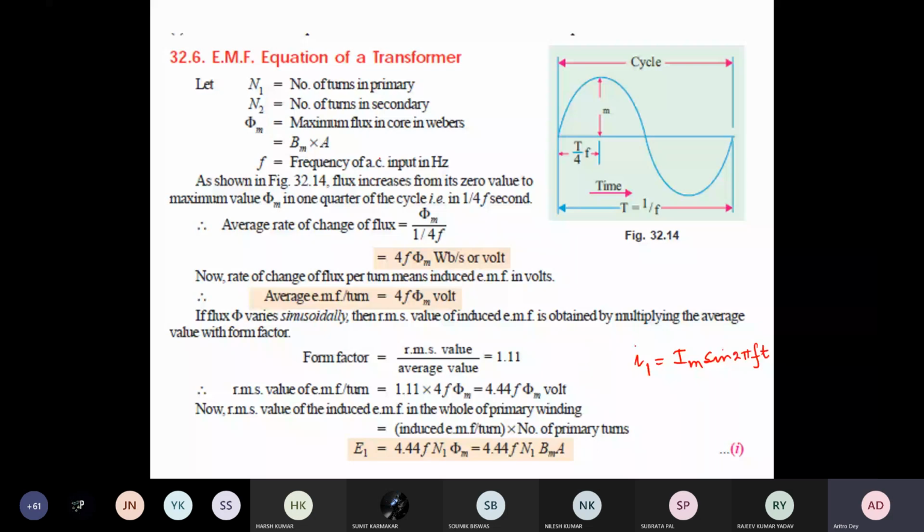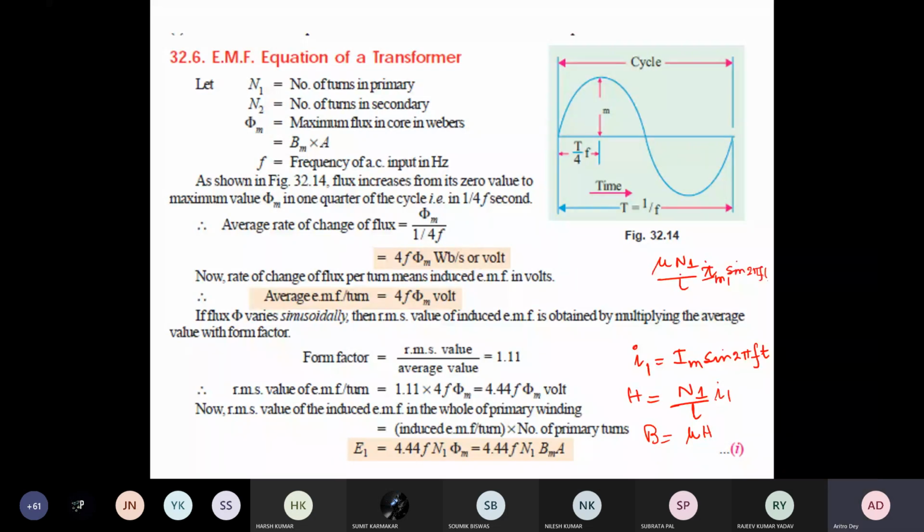This is your I1. What is your H1? It is N1 by L into I1. And what is your B? That is equal to mu into H. So you get mu into N1 by L into I1, which is Im1 sine 2 pi f t.